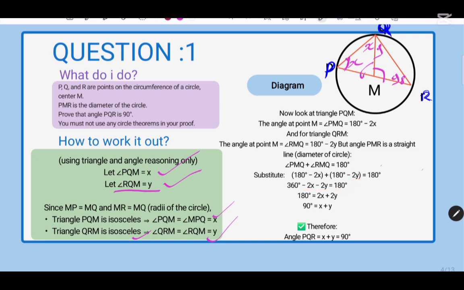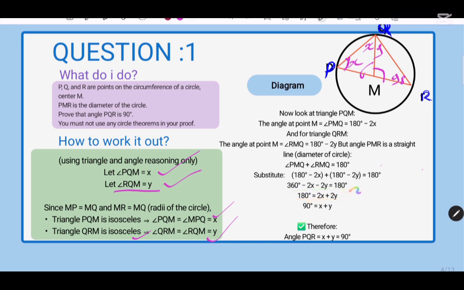Then I can collect the like terms. If I collect the like terms, I have 360 degrees minus 180 equal to what? The minus 2x and minus 2y will move to the other side, and that will give us 2y plus 2x. So 180 is equal to 2y plus 2x.